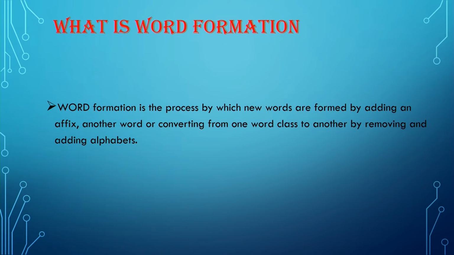It can be either diachronic or synchronic. What is diachronic? Diachronic is nothing but different periods in history. So, from different periods in history, we collect words and we form them into a new word. And synchronic is nothing but at one particular period that comes as a change of word.